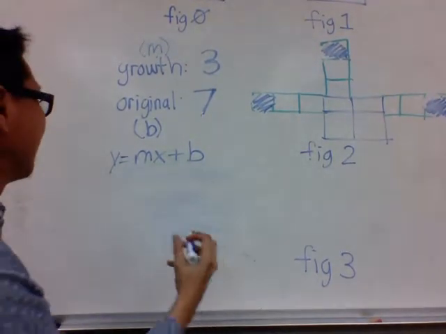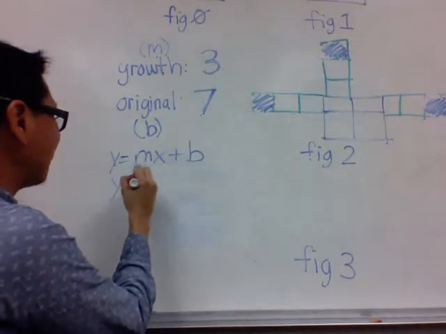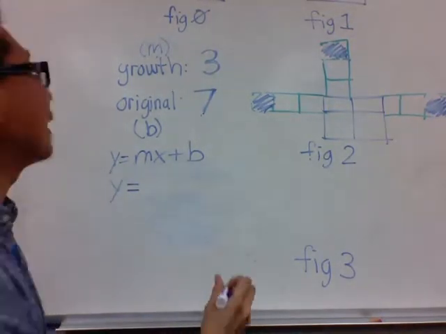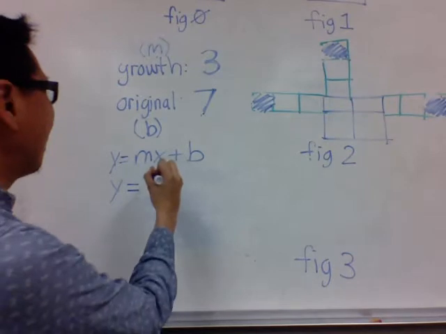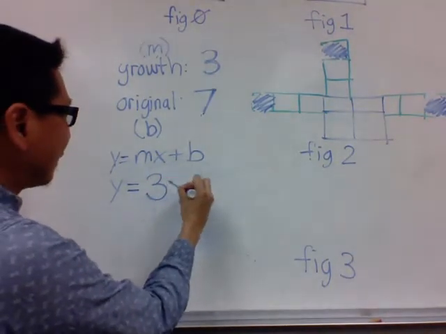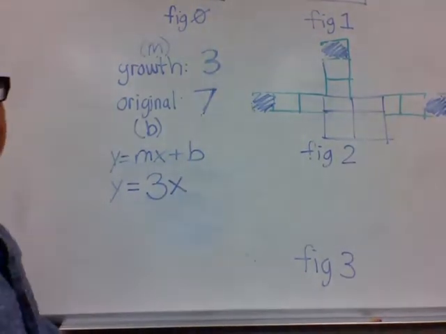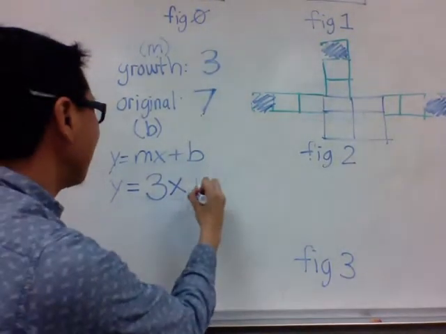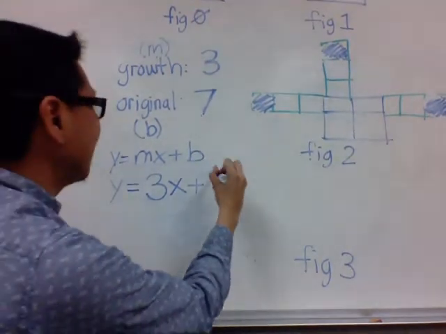For y, which is how many blocks there are, I can write down that this figure is growing by 3 blocks every single time. So I put the 3 there and the x, 3x, plus how many was originally in figure 0, which is 7.